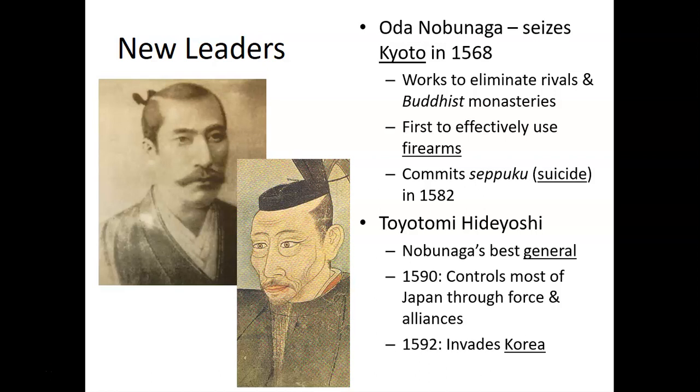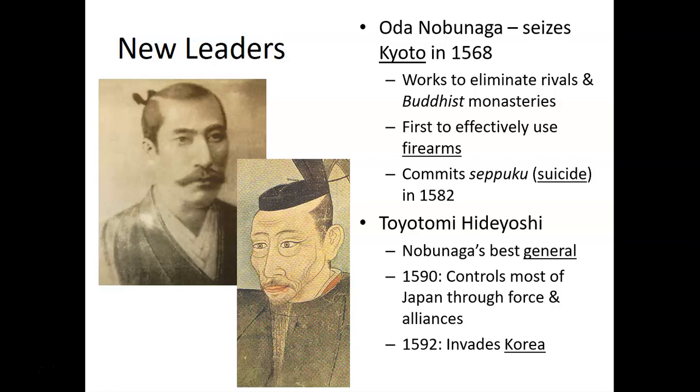Now, to make a long story short, because we don't have time to talk much more about him specifically, he eventually commits seppuku or suicide in 1582, and that leads into a different form of Japanese history that we're going to talk about going forward. Now, Oda Nobunaga's best general and most capable, most loyal general was Toyotomi Hideyoshi.